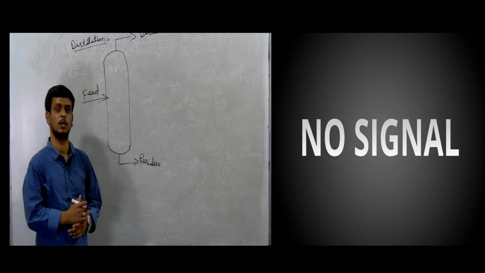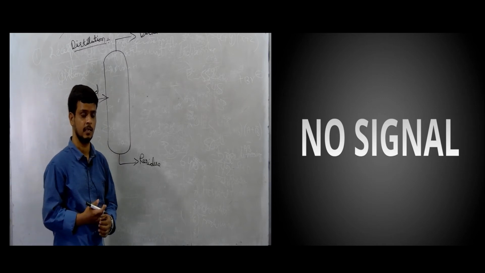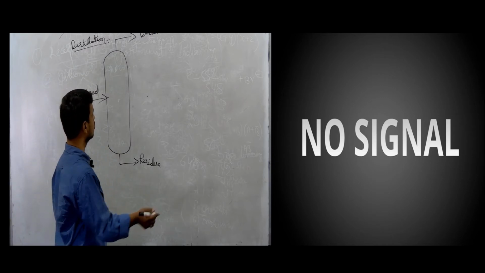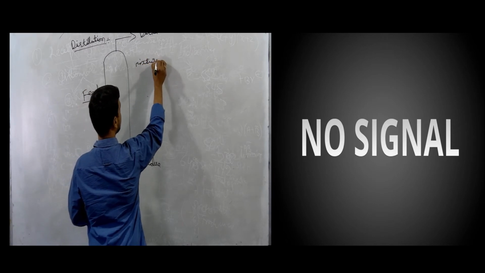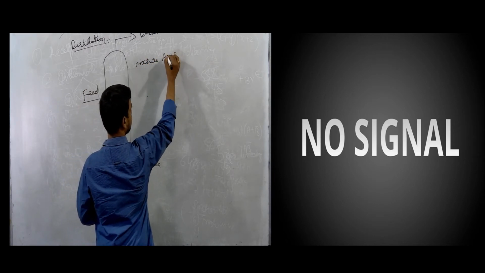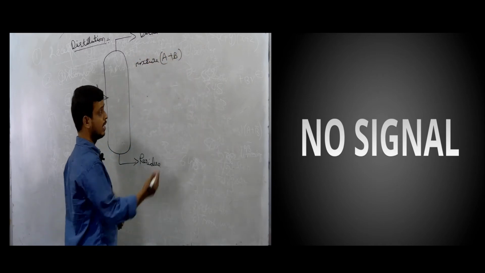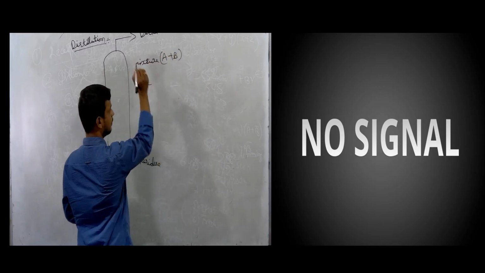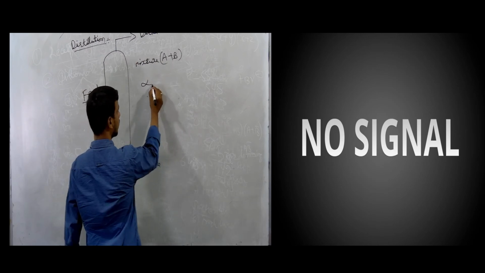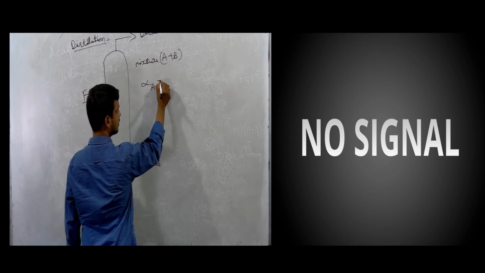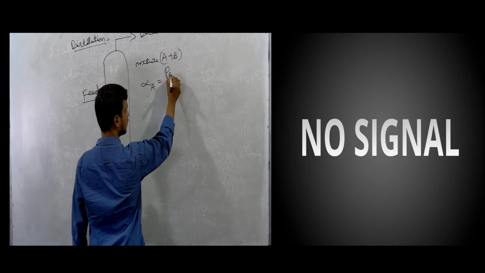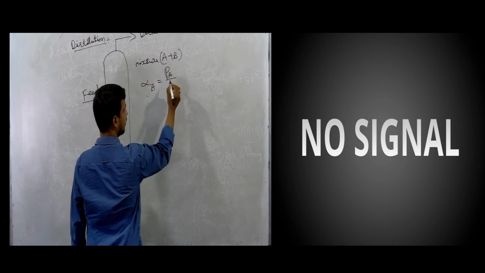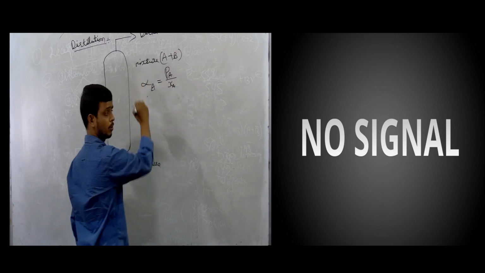So what is this volatility? Repeatedly we are seeing this volatility in distillation. For example, your mixture is composed of A plus B. Then volatility can be denoted by alpha. Alpha for A means relative volatility of A: the partial pressure of that component A divided by the mole fraction of that component in the liquid phase.